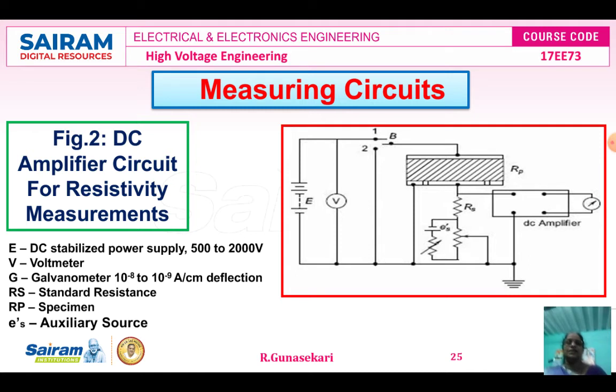The standard resistance is represented by RS. The specimen is represented by RP. E dash S is the auxiliary source for this measuring circuit. The DC amplifier is also connected with the galvanometer arrangement.